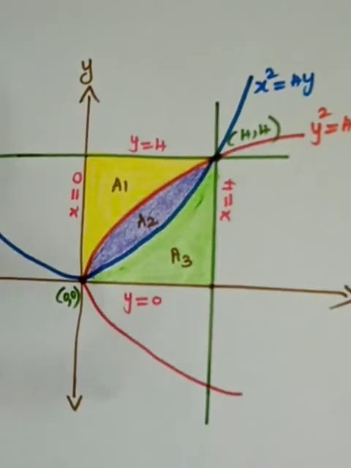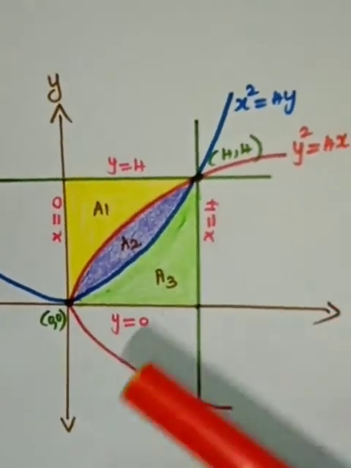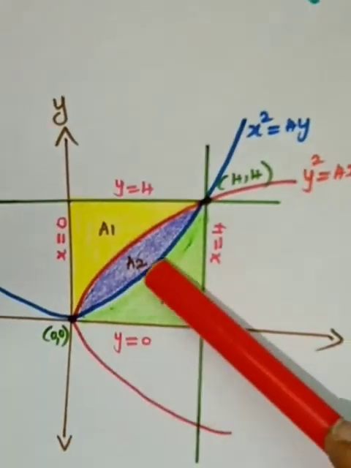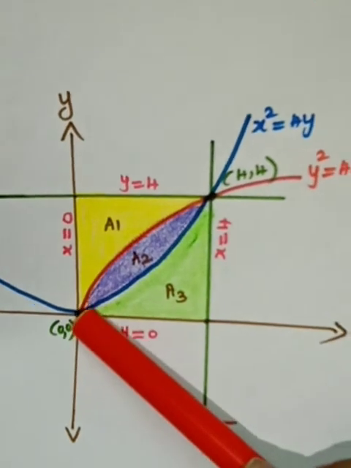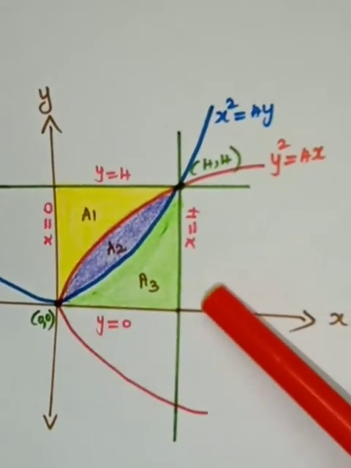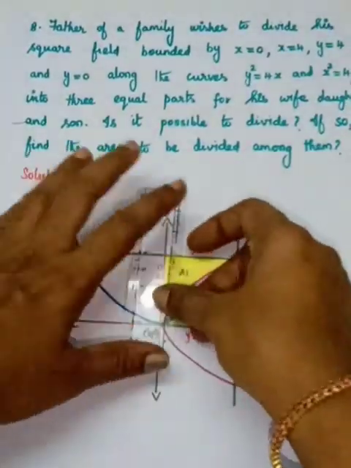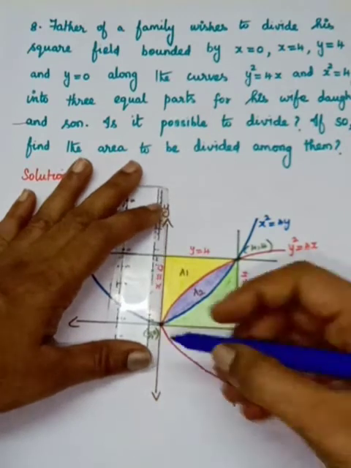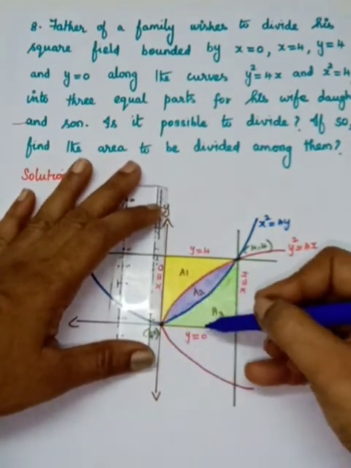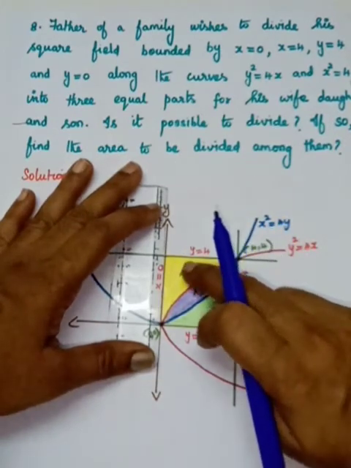Next we have to go to A3. So the green color part we have to find out. You see, this A3 is the area bounded by the blue color curve. If you choose the y-axis, the area bounded by this blue color curve, y-axis, y equal to 0 to y equal to 4, the purple color and the yellow color will come.